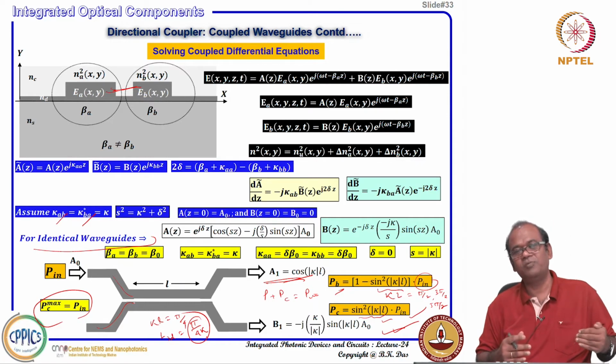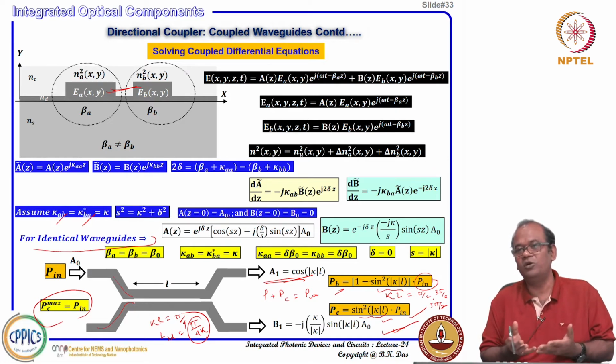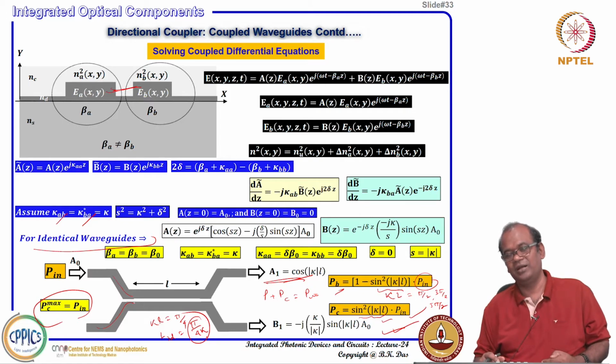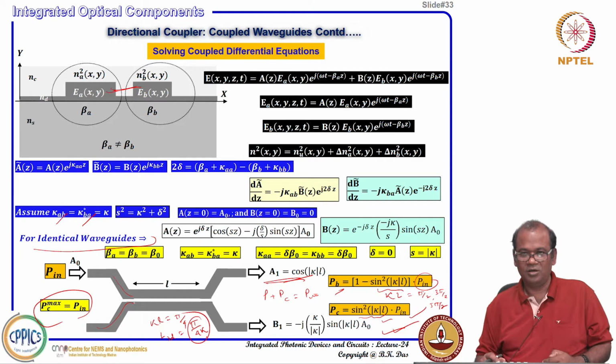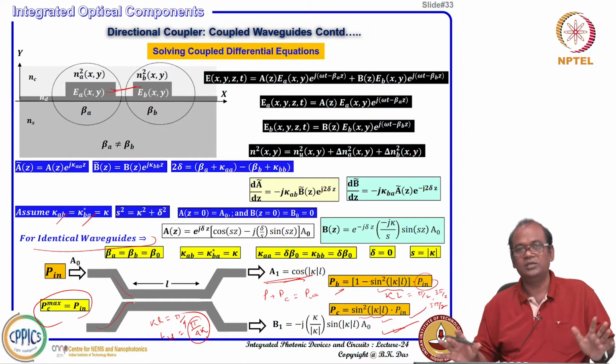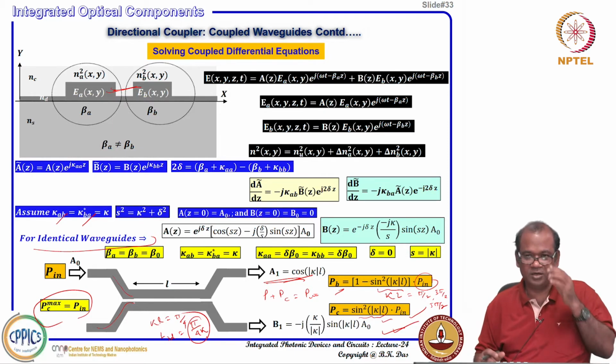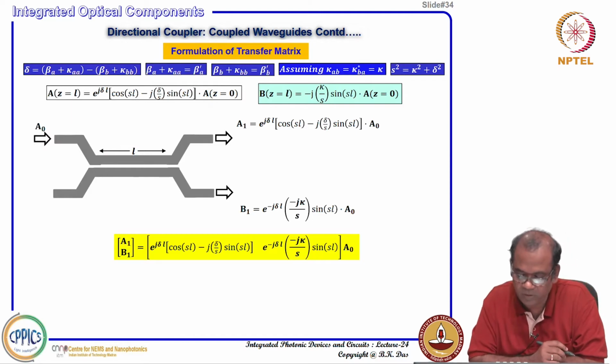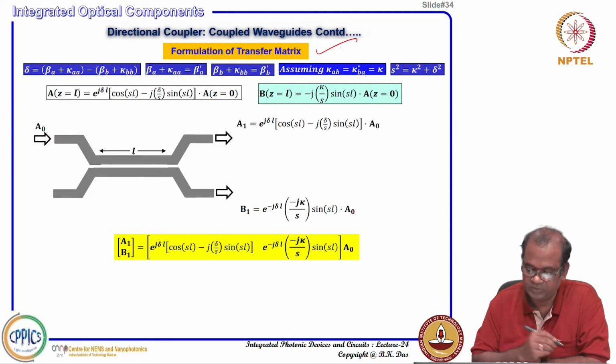This is because the waveguide mode is very tightly confined, and if there is a little perturbation, you can get a lot of losses. So the directional coupler is preferred most, and that is why it is an important power splitter or amplitude splitter used for photonic integrated circuits. Now we are going for formulation of the transfer matrix.